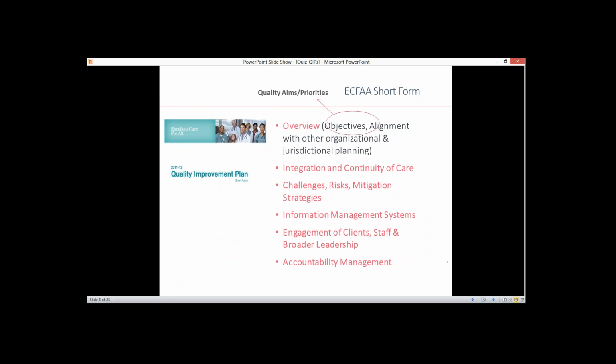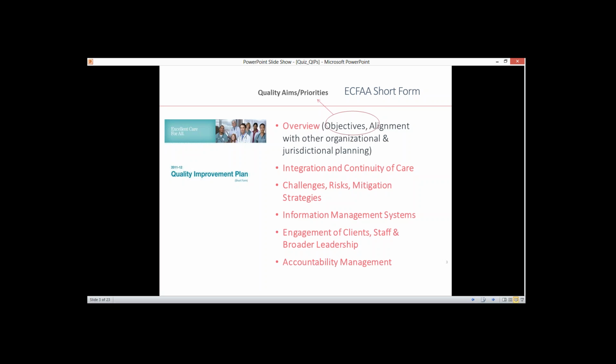And these can be included in the overview section of the narrative. The other piece that's included in this overview is alignment with other jurisdictional and organizational plans, and these are things like a strategic plan, an organization's operating plan, your MSAA, accreditation, any sort of report that's developed or planning exercise internally or required to be reported externally.